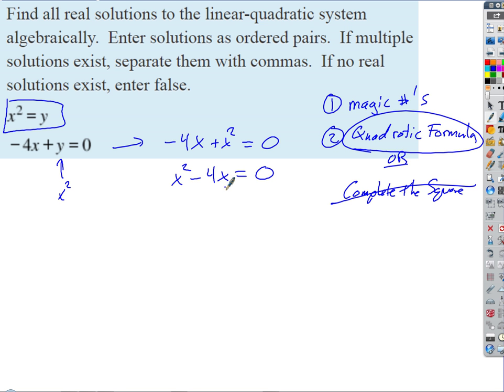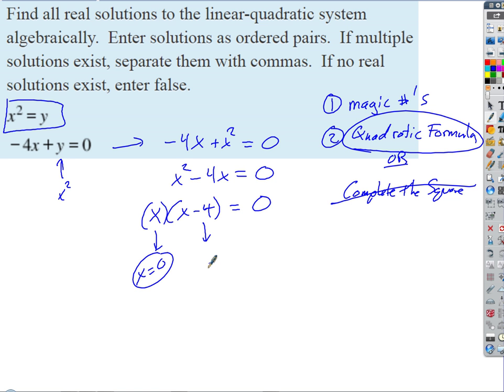This is one where we don't have to get complicated like that. We can just factor this. If I factor out an x, if I undistribute an x, I get x times (x minus 4) equals 0. And now I've just used the zero product property. Once I get this thing factored, remember I asked, what's the value of x that makes the first factor equal to 0? Well, 0.